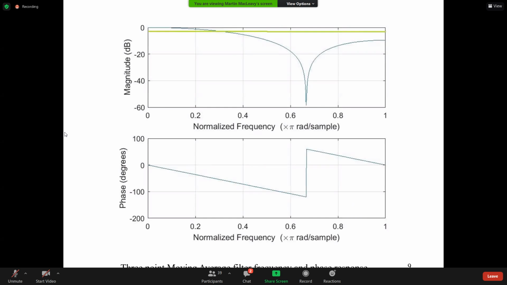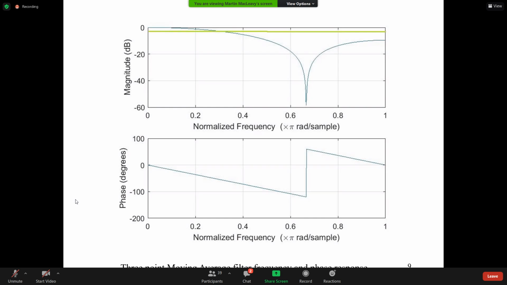What it's really doing is taking a digital filter and plotting the frequency response as an analog signal. So here is the frequency response, and here is your phase response.